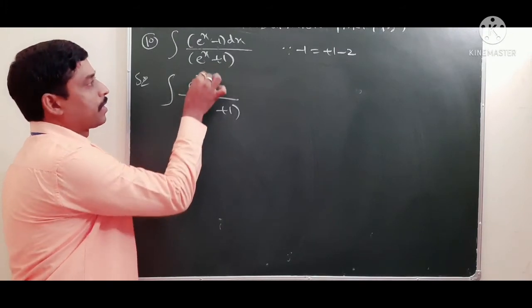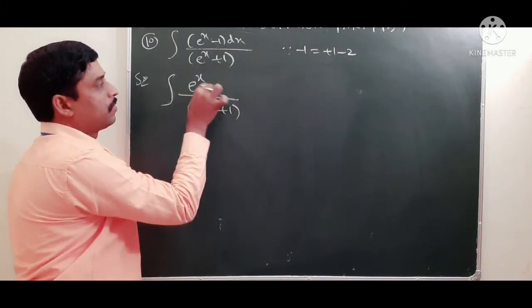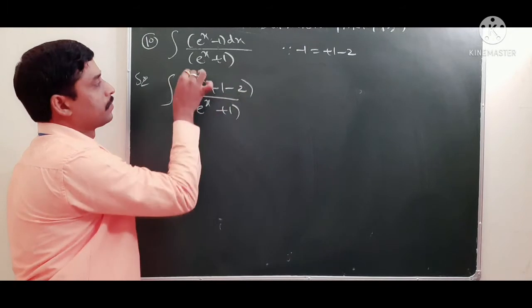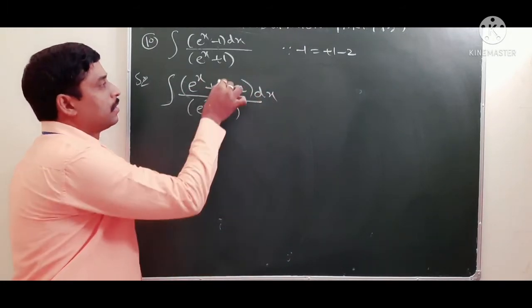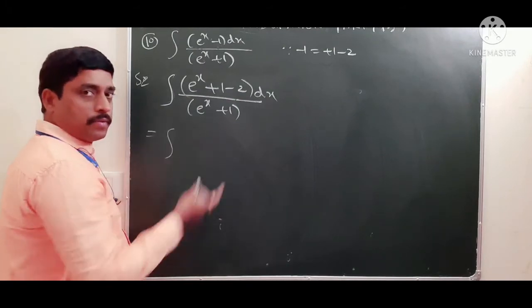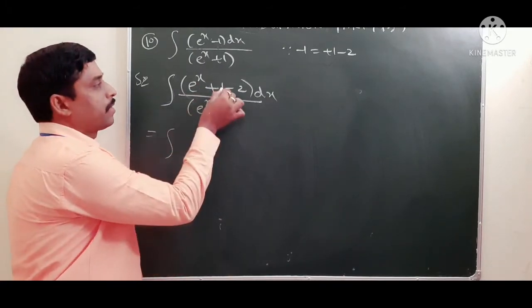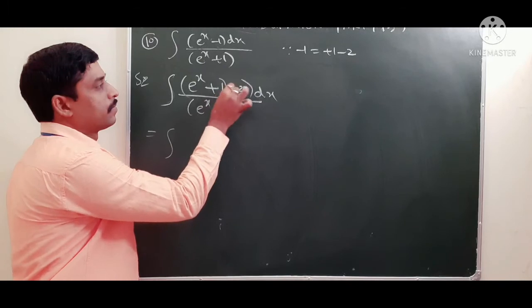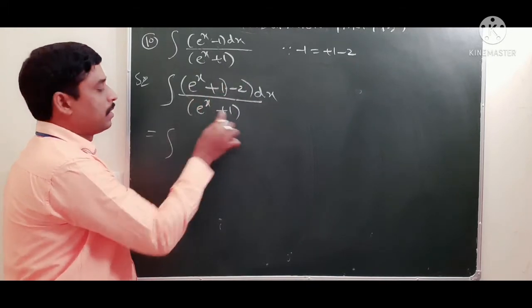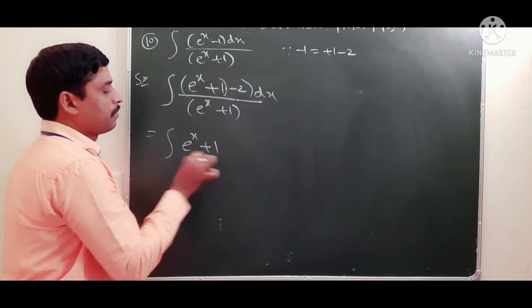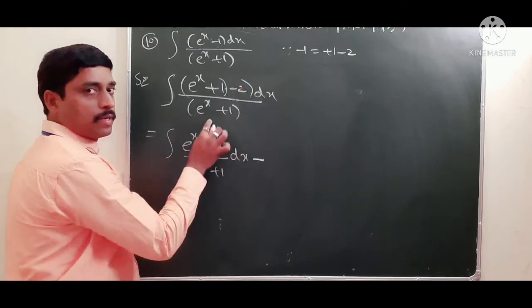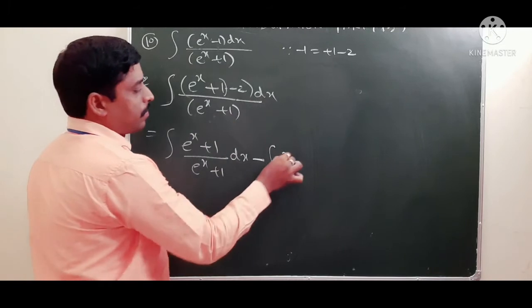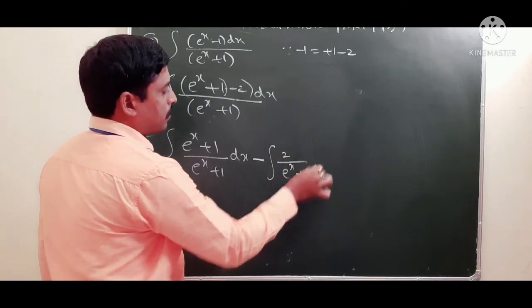So e to the power x, in this minus 1 place write plus 1 minus 2. Clear? Now by using the separate division method, e to the power x plus 1 by the denominator e to the power x plus 1, dx, minus 2 times of 2 by e to the power x plus 1 dx.